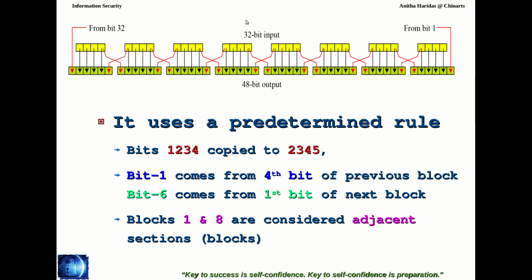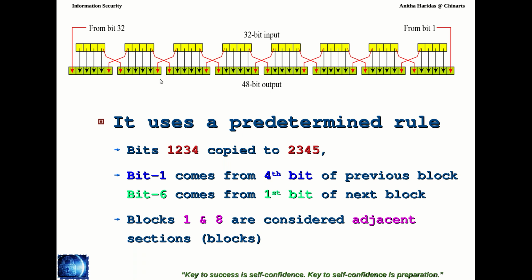So this is how the 32 bits input is expanded to 48 bits output. You can see here the 32-bit input is divided into 4 bit chunks, or blocks, or sections, and each 4 bit section is expanded to 6 bits so as to get a 48 bit output.